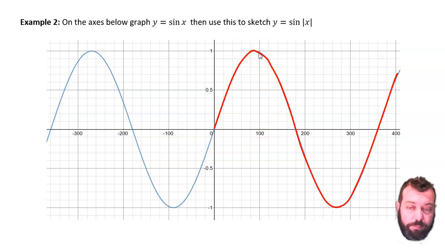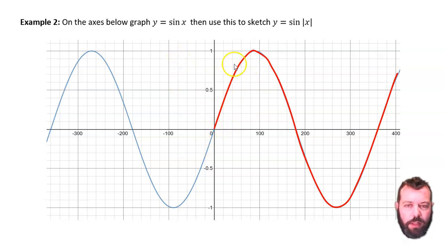So if, for example, I let x equal -90, then I do the absolute value of that and I get the sine of 90. So the sine of 90 is, of course, 1. Now, the sine of negative 90 would be negative 1, but the sine of the absolute value of negative 90 is the sine of 90, so that means the value at negative 90 is 1 up here.